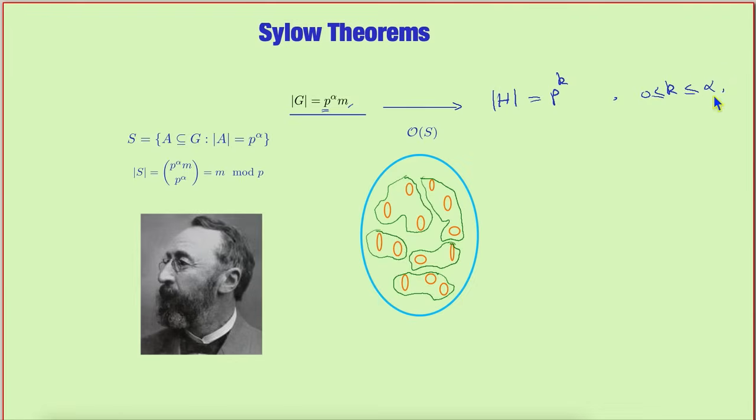Those subgroups are called p-subgroups. And the highest power of them, the one with p^alpha, is called a Sylow p-subgroup.